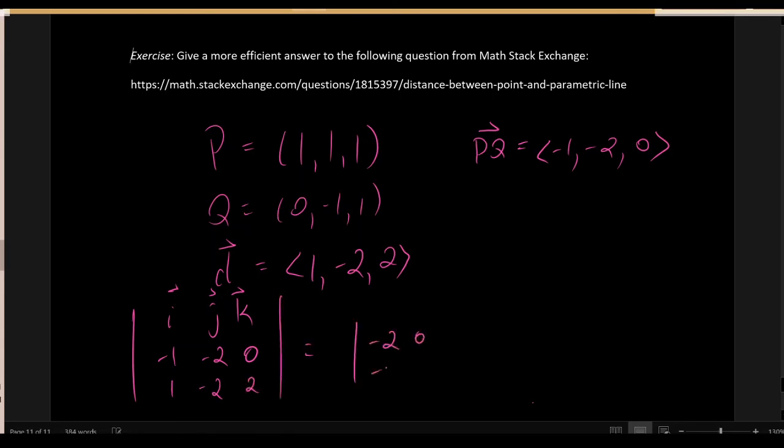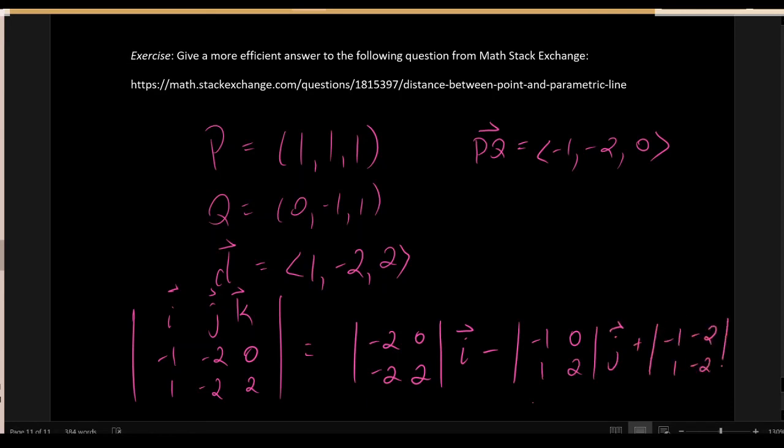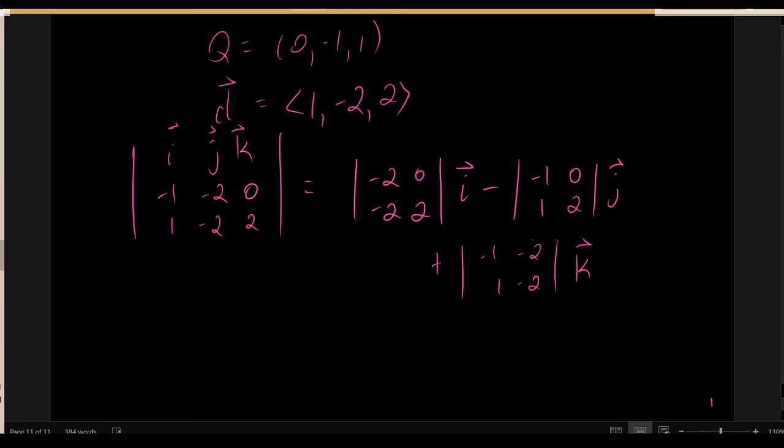Negative 2, 0, negative 2, 2, scaling i, minus negative 1, 0, 1, 2, scaling j, plus negative 1, negative 2, 1, negative 2, scaling k. So calculating those entries, we have minus 2 times 2, which is negative 4, take away 0.